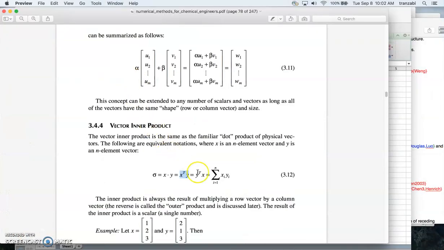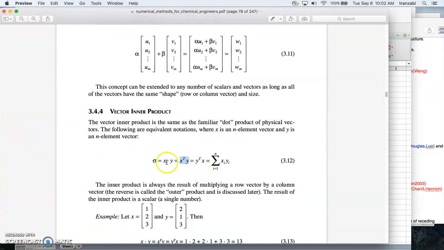This is explained in detail here. You have to transpose the first vector times the second vector, or you get the second one transposed times the first one, but the first one is not transposed. So either x transpose times y or y transpose times x.